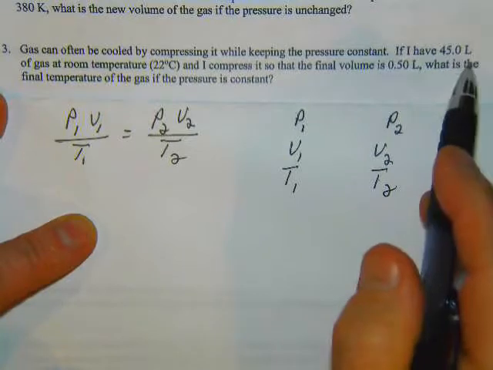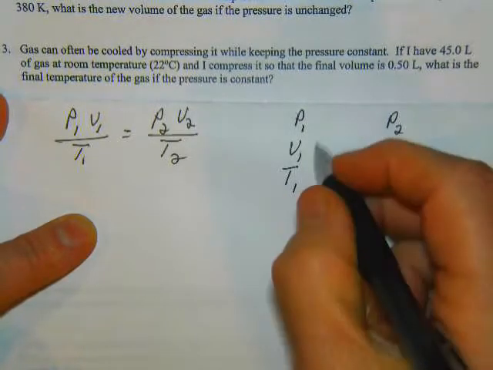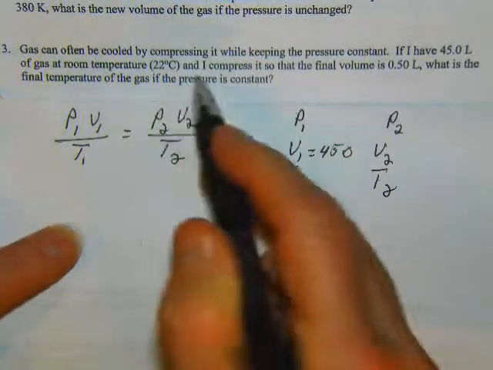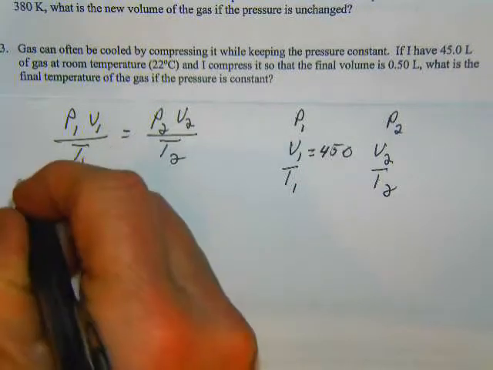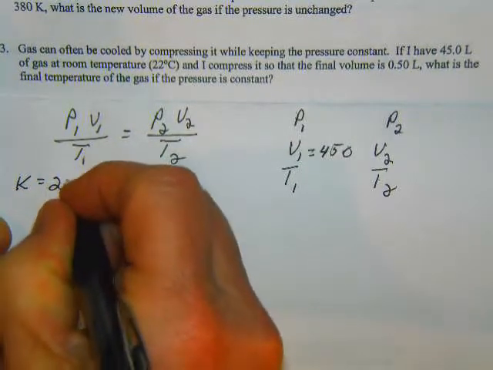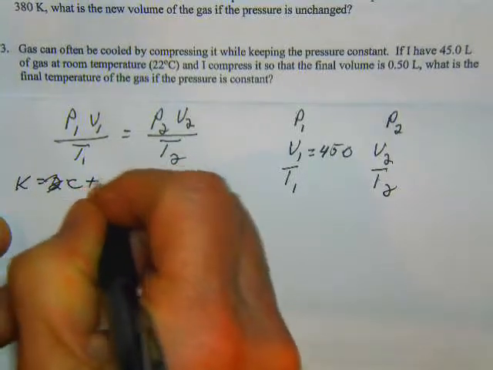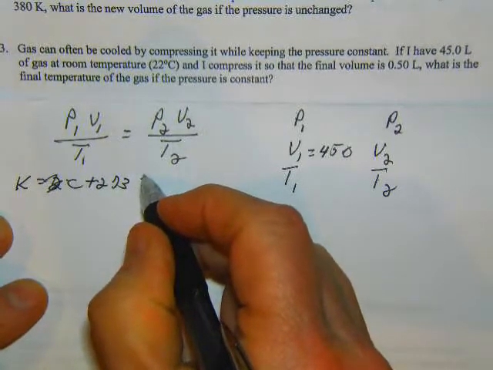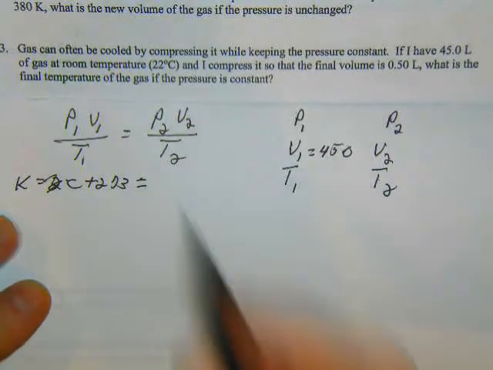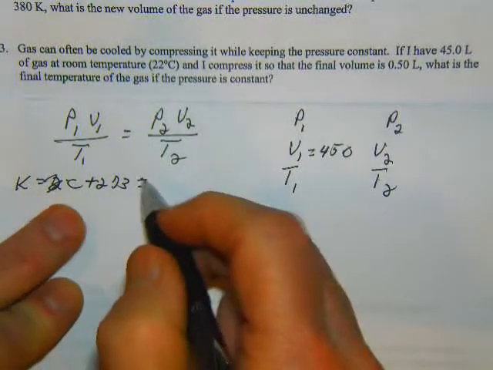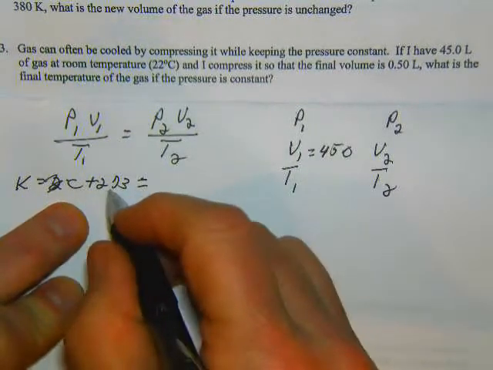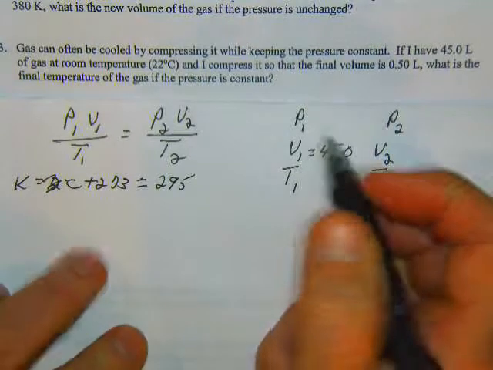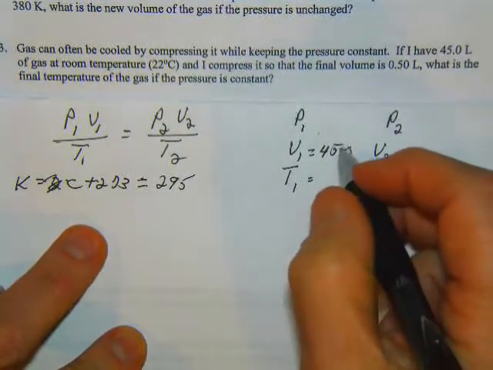Let's see, we have 45 liters of gas at room temperature, so we know the volume is 45.0. Now this is 22 C, so we have to change that to Kelvin. Kelvin equals Celsius plus 273. 22 plus 273 is 295, so temperature 1 is 295.